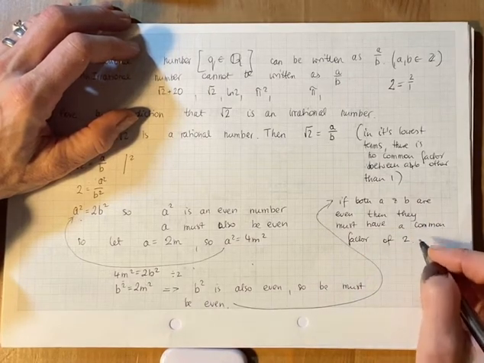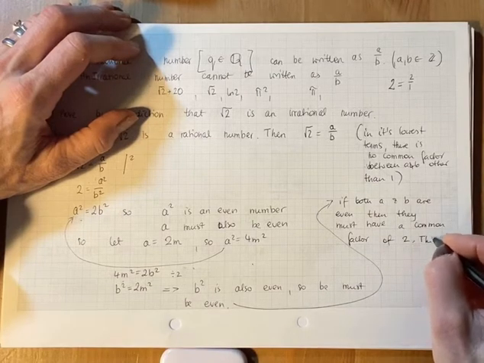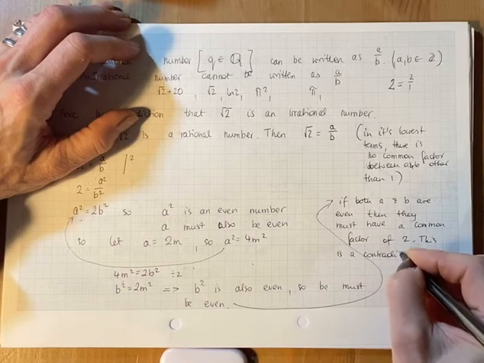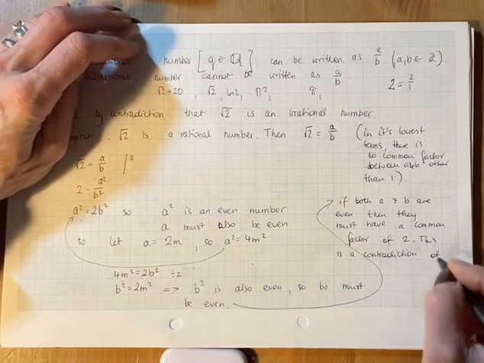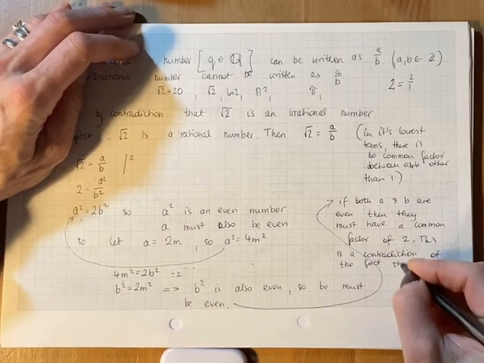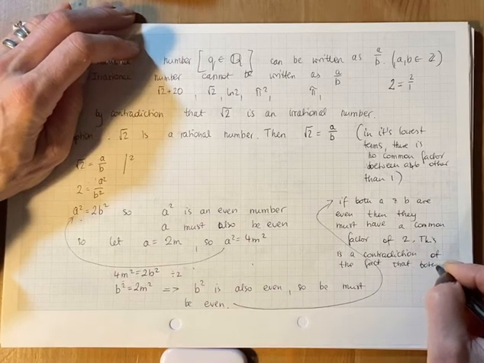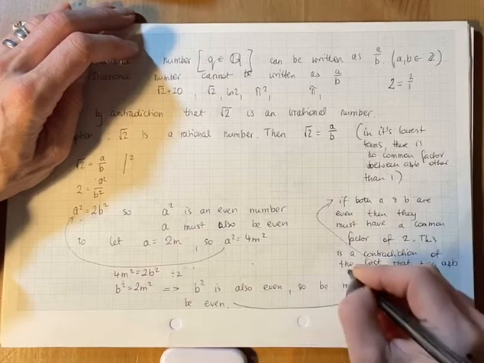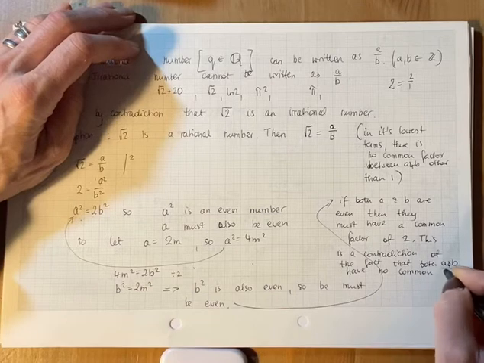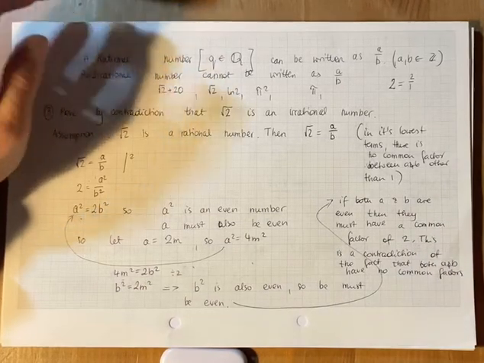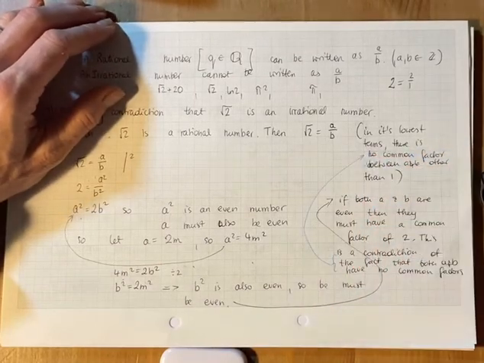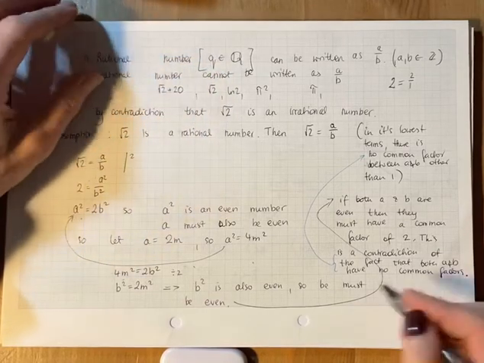And this contradicts the fact that both A and B have no common factors. It seems to be a lot of writing, but you're better off writing more than less, as there's our assumption here. And then you have to write down the conclusion.